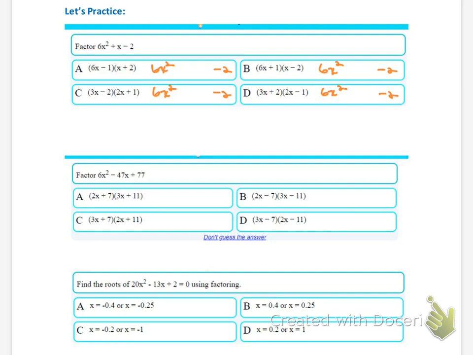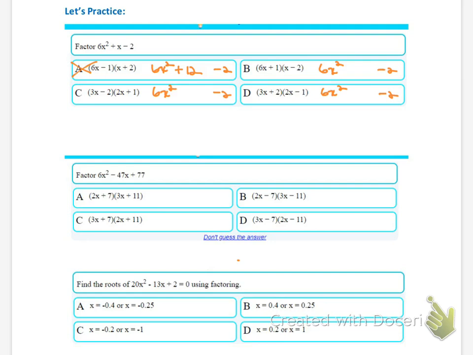If you have a 12, so I'm looking at A, 6x times 2, so I'm doing the outer and the inner. So 6x times 2 is 12x, and then a negative 1, that's going to give me a positive 12, which doesn't work. Okay, so let's do another one.